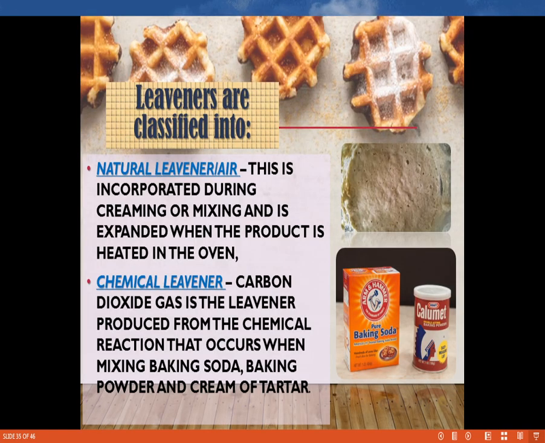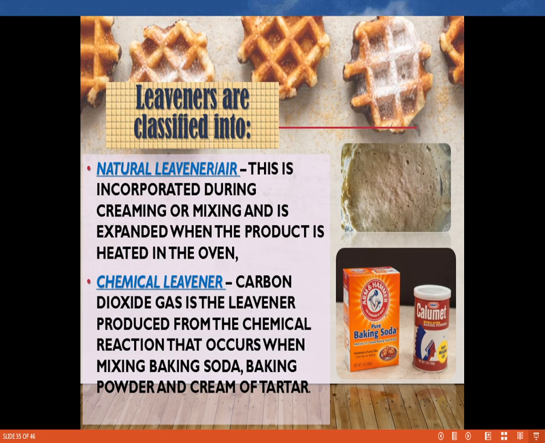These are the types, or the classifications, of leavening agent. Number one, natural leavener. This is incorporated during creaming or mixing and it expands when the product is heated in the oven. Number two, chemical leavener.